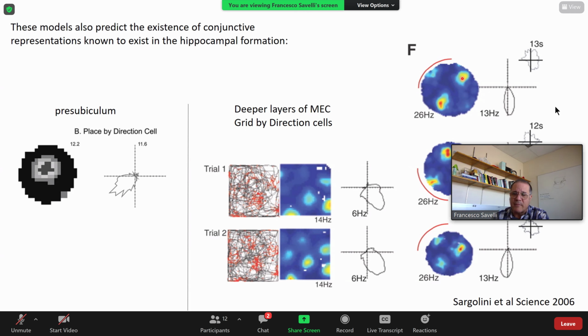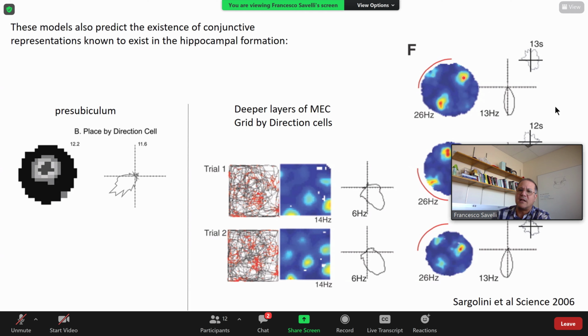Only those times when the animal is there, but also pointing in a particular direction. So remember, there is this conjunctive representation. Conjunctive means and, so both things have to be true. The animal has to be in this position and has to be pointing in a certain direction.